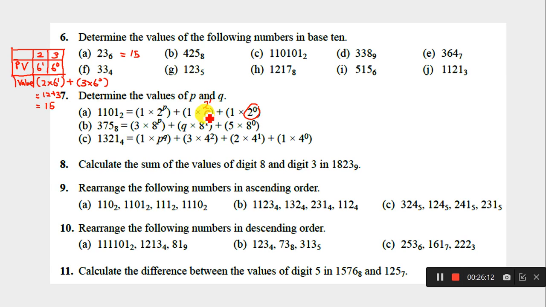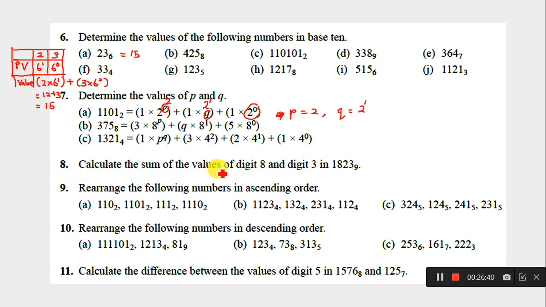So this is the value of Q. And this one, P, is actually 2 squared. Alright, so you can write your answer like this: P equals 2 squared while Q equals 2 to the power of 1.